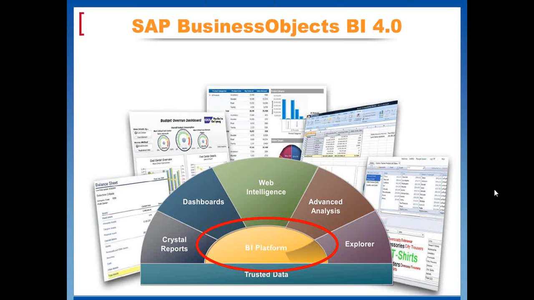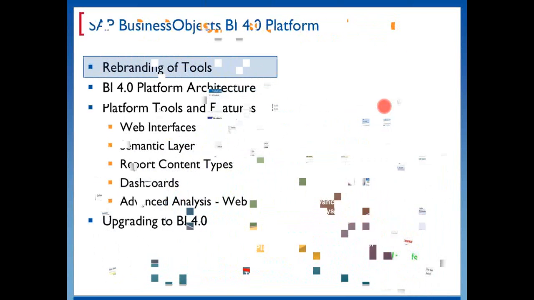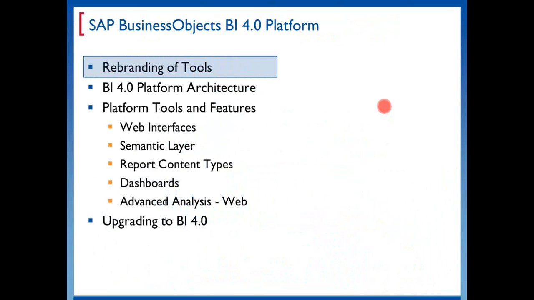Alright guys, assuming you are good with this, let me step into my next slide, friends. Here I'm talking about the rebranding of the tools. I'm not quite sure about your participants' profiles, whether you are new to the Business Objects platform or already familiar with it.